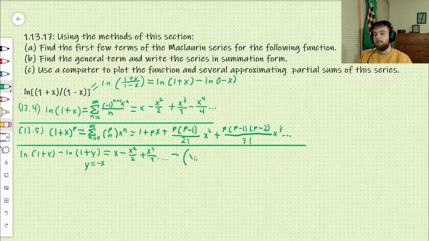And remember, this is y now, because y is our variable there. But other than that, it's the same. Well, it'll be the same if I write it correctly. So once again, this goes off infinitely, but we don't need to worry about that.